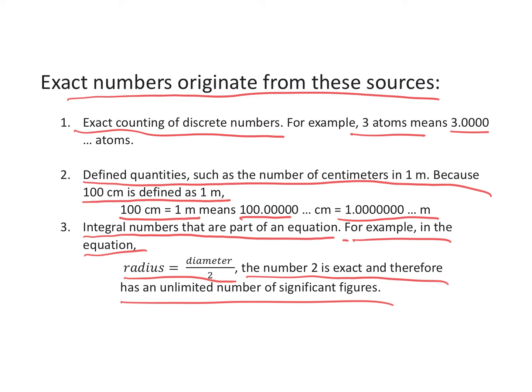Which one? Okay, I repeat the question. Exact numbers originate from all these sources except exact counting of discrete numbers, integral numbers that are part of an equation, defined quantities, or measured quantities. Measured quantities, right? Because measured quantities are not exact, right? But the other ones are exact numbers.